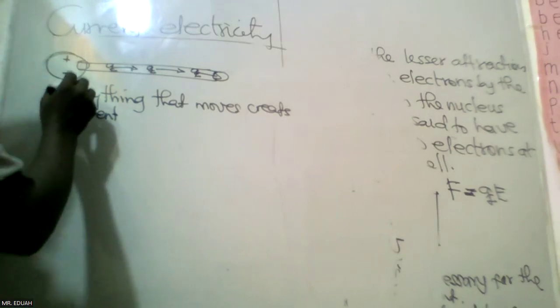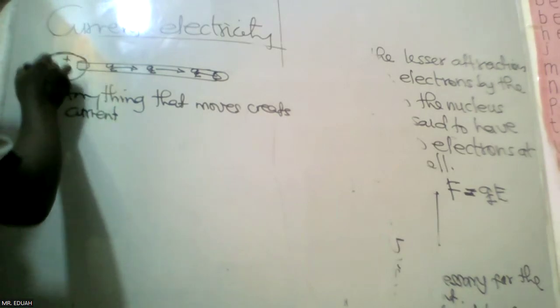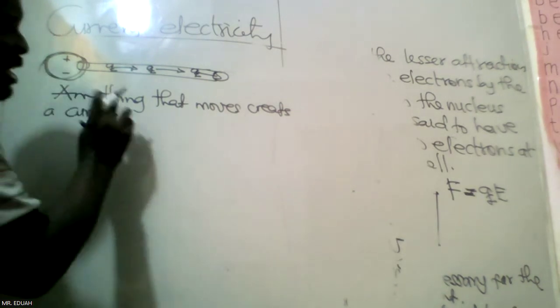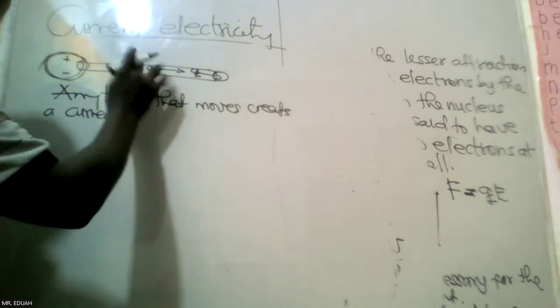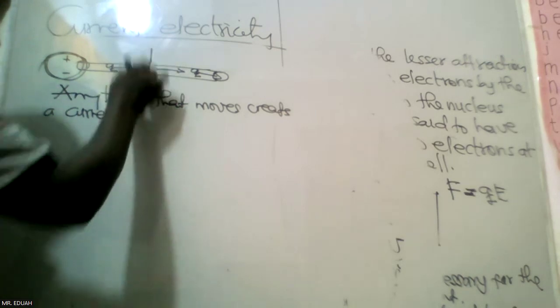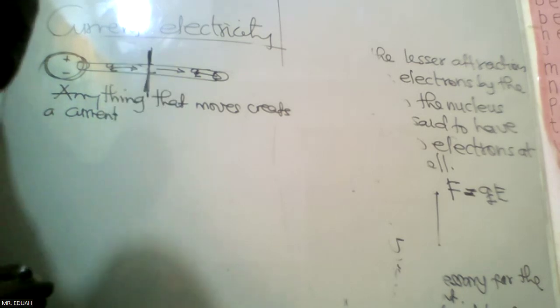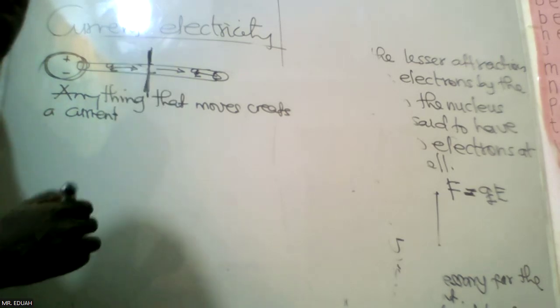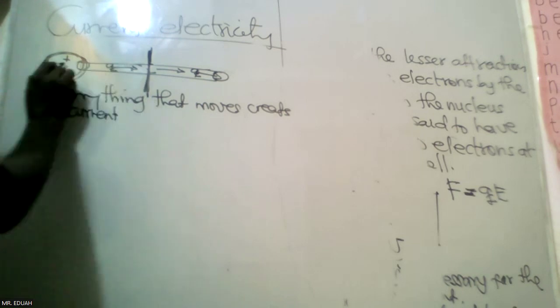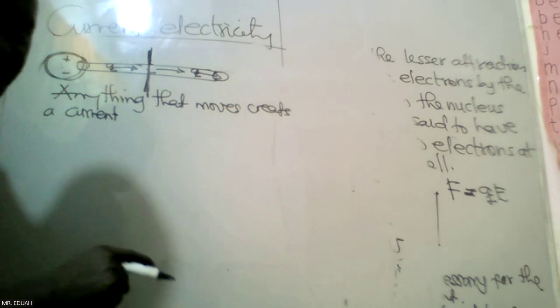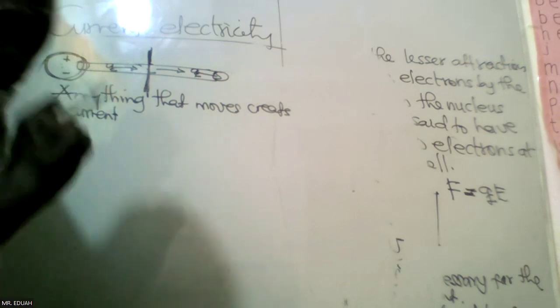Now, by virtue of the source of EMF applied, the charges are moving. If you put a gauge across the conductor, the gauge is to measure the quantity of charges. The electric field is causing acceleration of the charges.